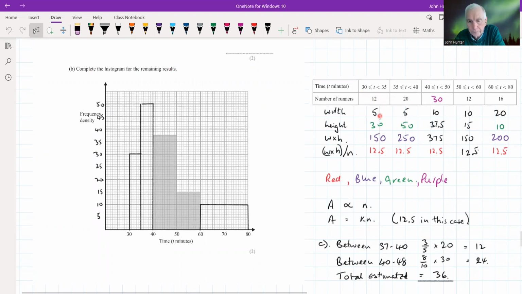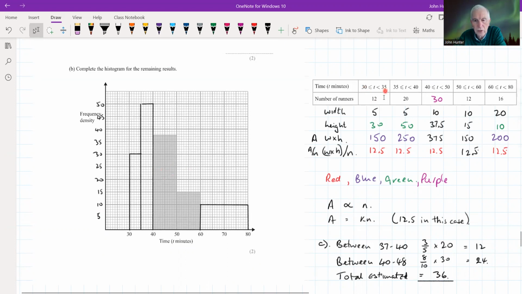What we're actually looking for are the areas, because the point with these frequency density diagrams, let's write that in, is that the area of each block is proportional to the frequency.